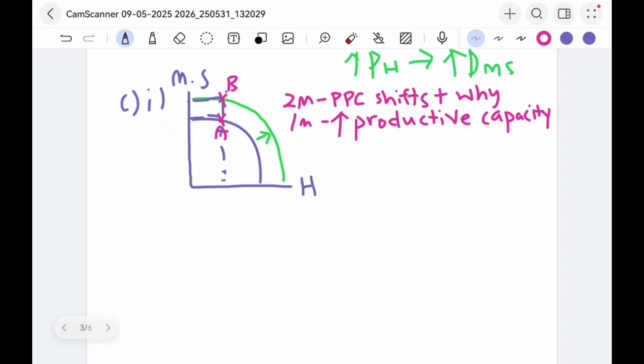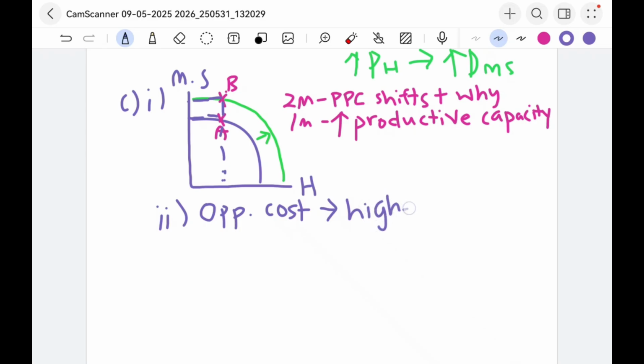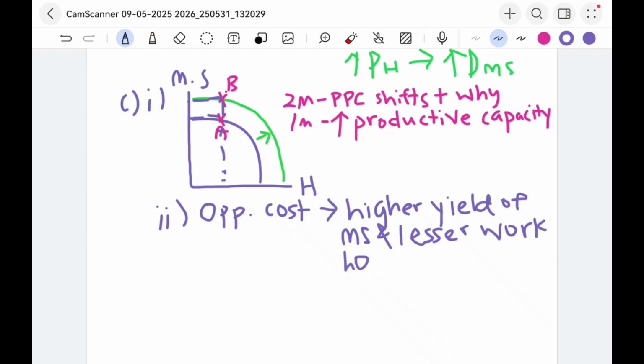So we say that for the farmers who choose to be traditional, the opportunity cost is the higher yield of maple syrup and lesser work hours. So for the explanation part, you just say this is evident from your extract 1.